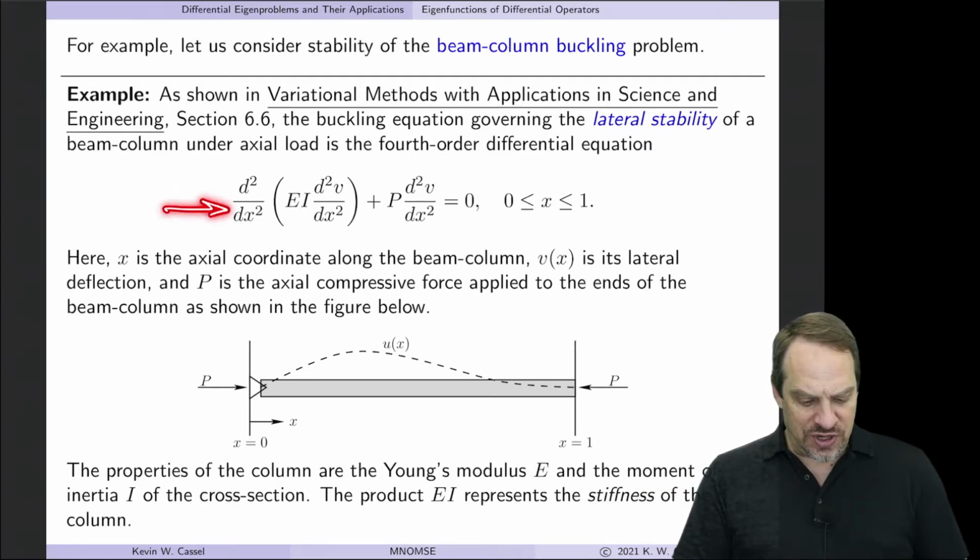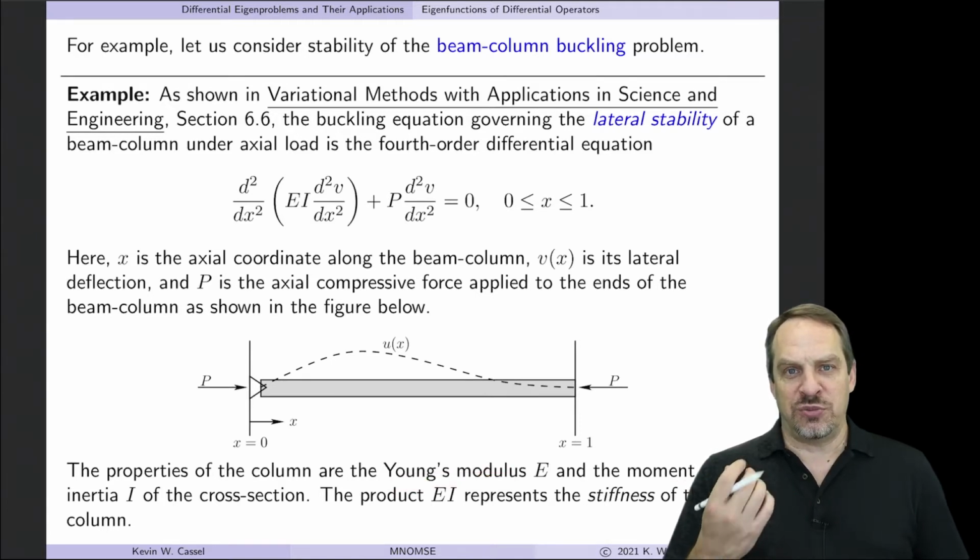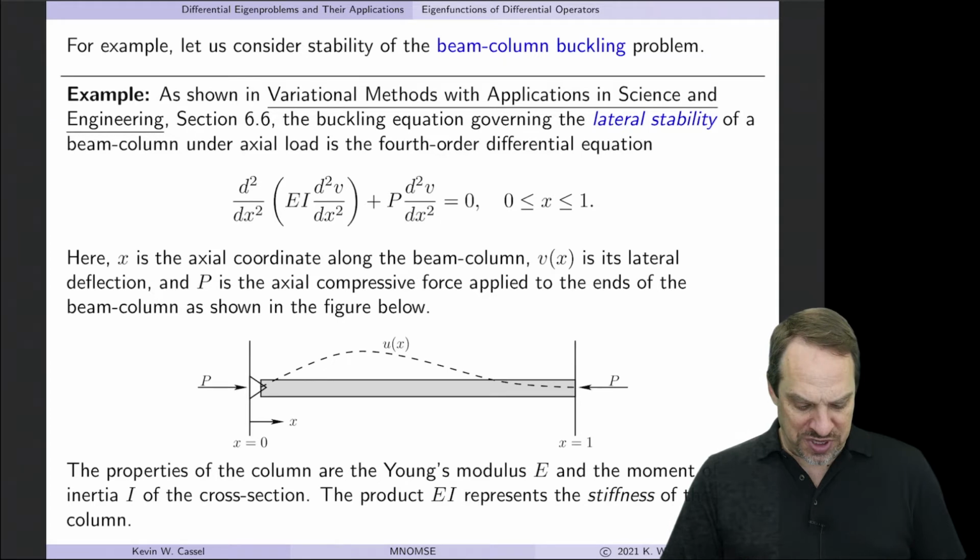So again, here is the governing equation. It's a fourth order equation for V. V of x is the buckled distribution, the lateral distribution of the beam, in this case, as I've drawn it here. E is a property of the material, it's Young's modulus, and I is the moment of inertia of the cross-section of the beam.